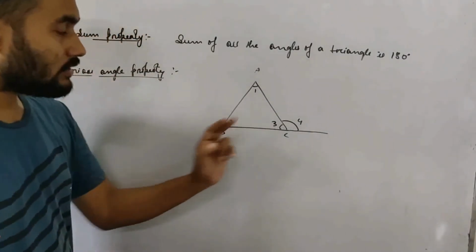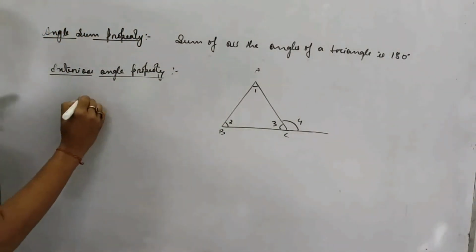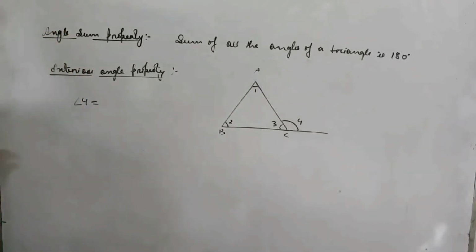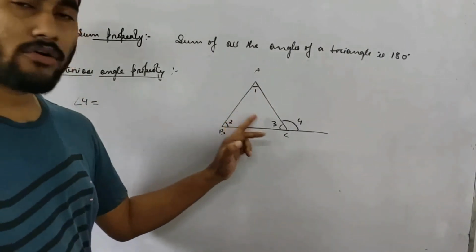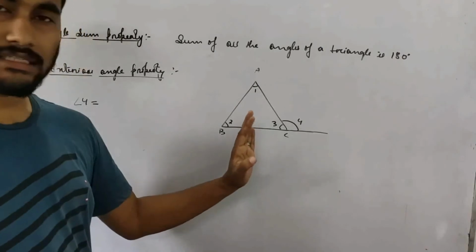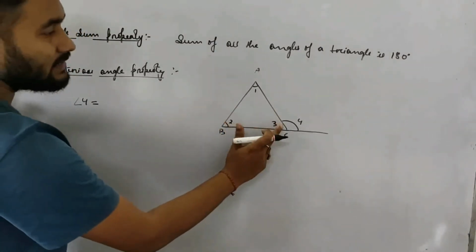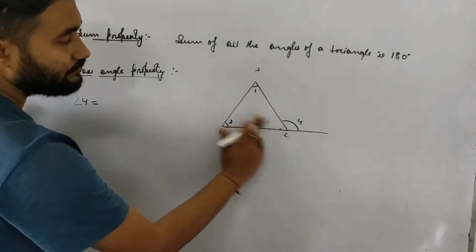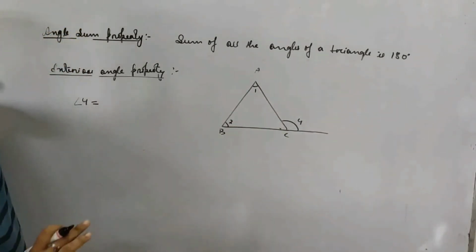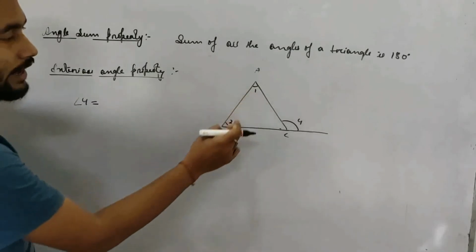So forget about this angle. The property is like that. Angle 4 will be equal to what? You have to forget about your adjacent angle. Don't consider this adjacent angle. What are the angles that are remaining? 1 and 2.